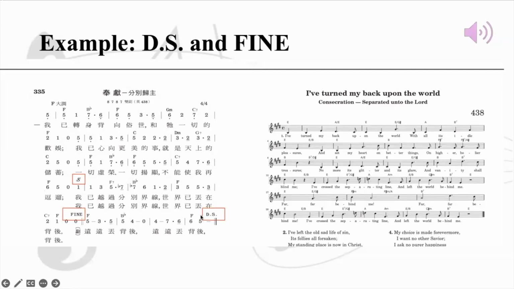We have DS here, which means we need to go back to this signal, and then again we sing this line until the final. That means finish, that is the end. Okay, we will end here. So this one is an example of DS and the final.